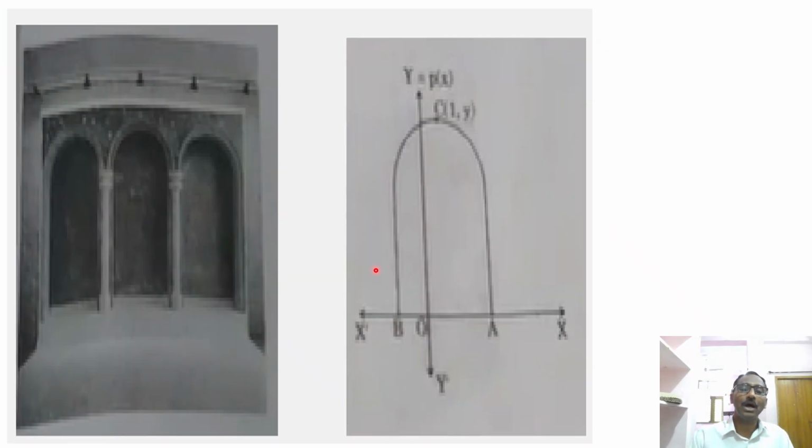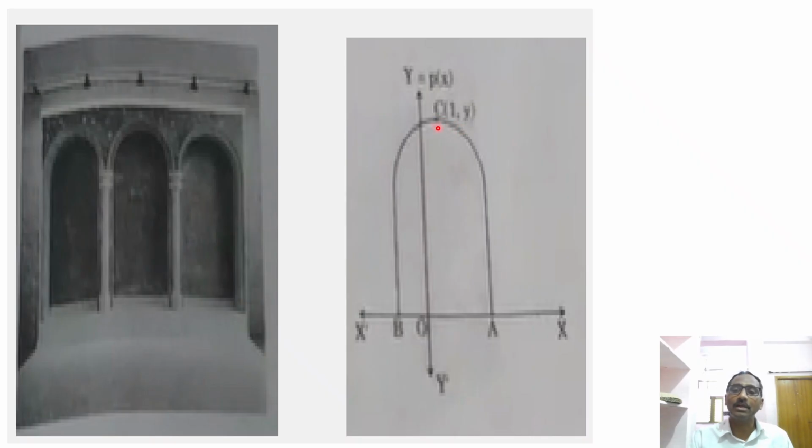See here, the arch given in the theatre drama, like this you are having arches, right? So this is the one you are having. Here look, this is the x-axis and this is the y-axis we are considering, and this maximum point you are having here.